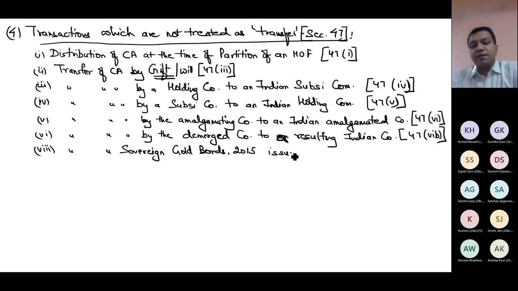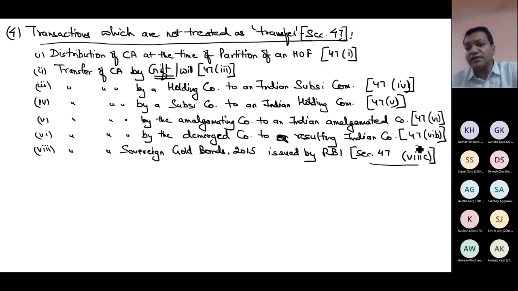This scheme started in 2015, issued by RBI. When you sell these, you don't need to pay any capital gain tax. There is no need to compute, in fact, the income. 47 clause 7. So you are not supposed to learn these sections. Don't learn it. This is only if you want to read the Act. Main section 47 you can remember, but don't remember these sub-sections.